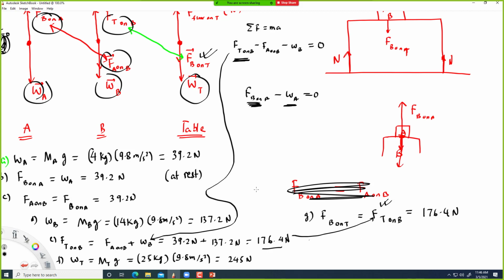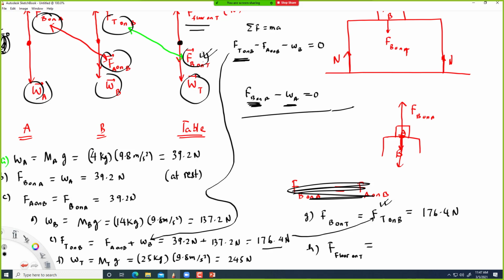And the last one is force of floor on table. You can write Newton's second law for that. That's pretty straightforward. You don't even have to write the detailed equation. This is not accelerating, so that means upward force must be equal to downward force.